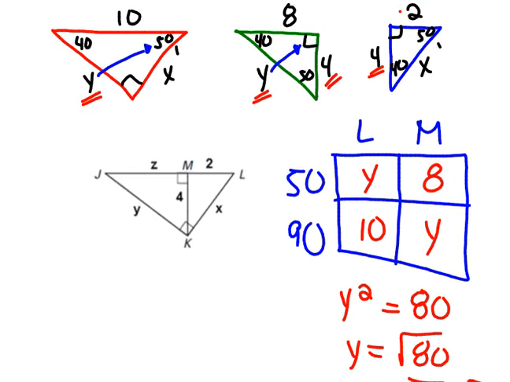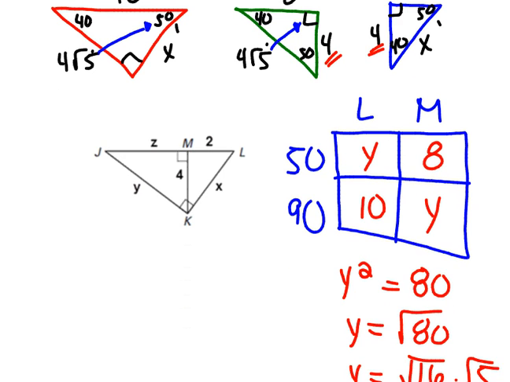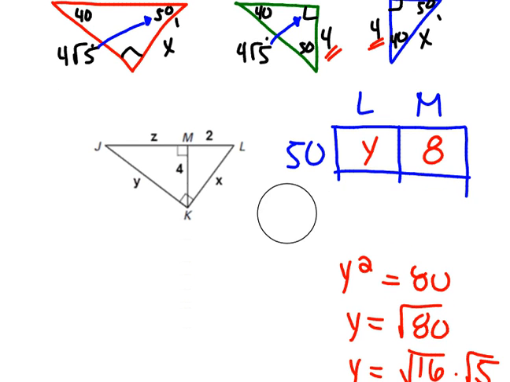So y is 4 square root of 5. So I can change this y. I can change this y. 4 square root of 5. 4 square root of 5. And then let me erase this little stuff.